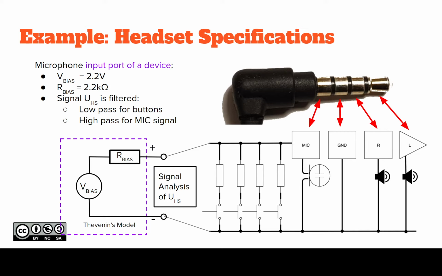So yes, that is exactly the same as my headset picture, the 3.5 millimeter jack there, and that's how it's connected. The tip is connected to the left loudspeaker, and then the right is connected directly to the right speaker, there's a ground.